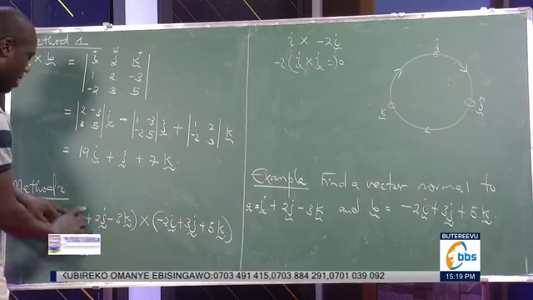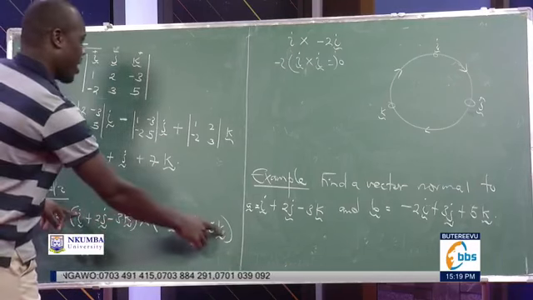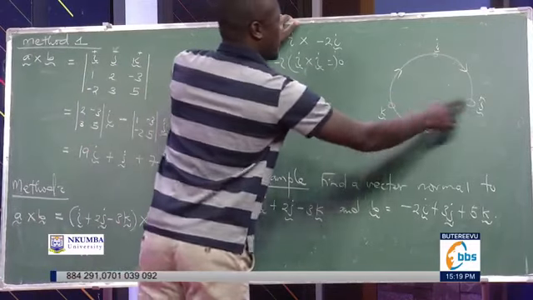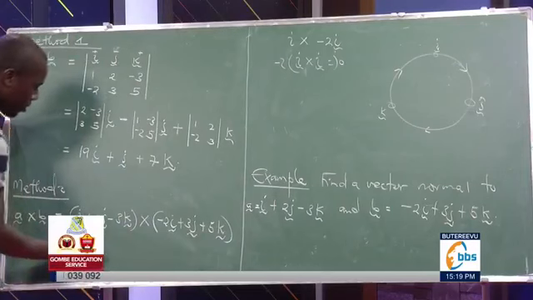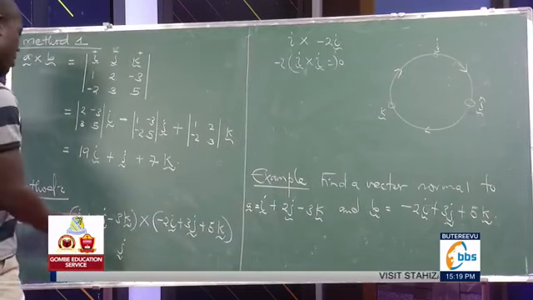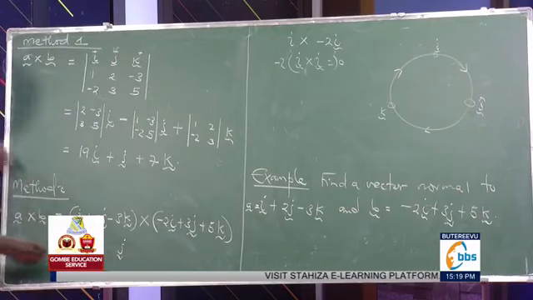Then we come to get this and that. I cross K, that is negative J. So minus J. But we have the coefficients 1 times 5, which is just 5.